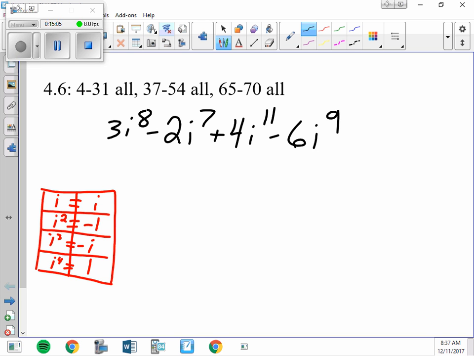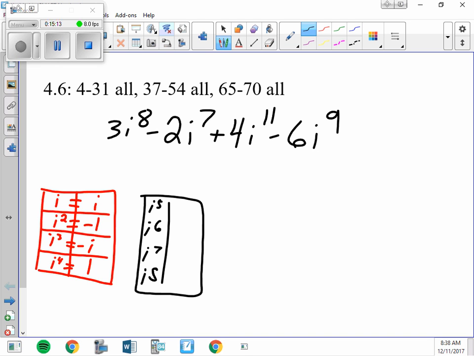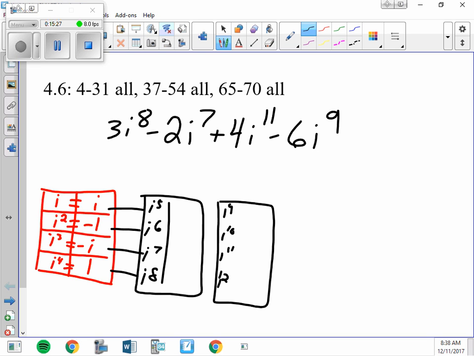If I did another chart and I had i to the fifth, i to the sixth, i to the seventh, and i to the eighth, these are going to match. Everybody see that? And if I had another chart where I had i to the ninth, i to the 10th, i to the 11th, and i to the 12th, those are going to match. So all we really need to know is 1 through 4.